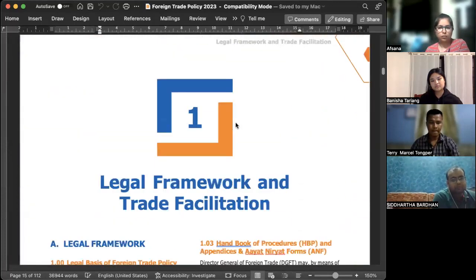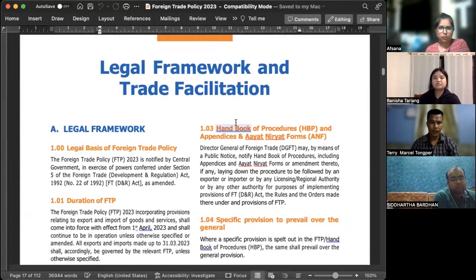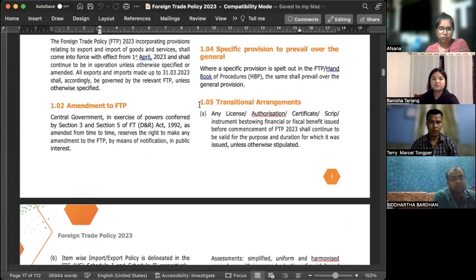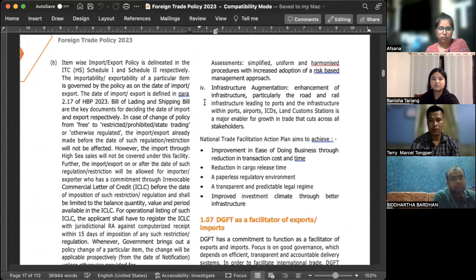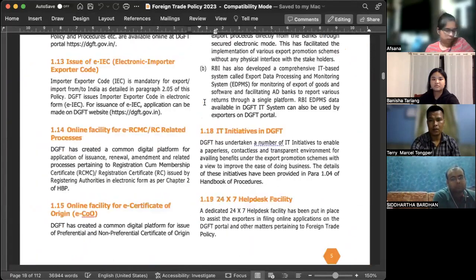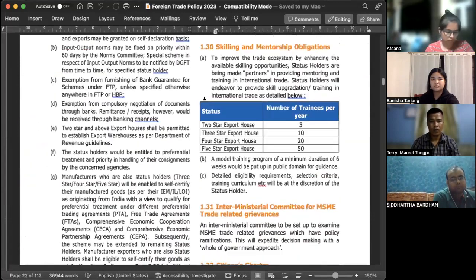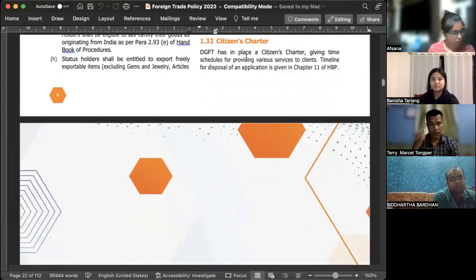So, starting with chapter number 1. There are 32 points in this. So, this is point number 1.05, 1.07, 17, 19, 26, 27. 32 points are there. 32, citizen charter. This is the last one. Sorry.